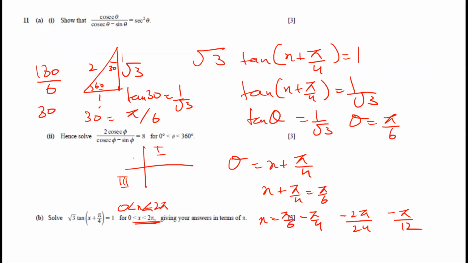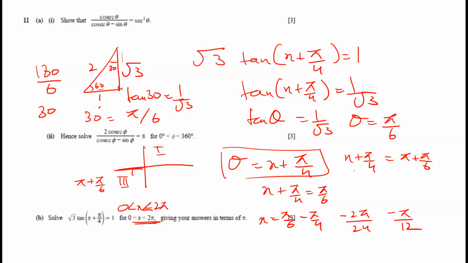Now for the third quadrant, this is 180 degrees, pi plus pi by 6. So x plus pi by 4 should be equal to pi plus pi by 6. So 180 degrees plus 30 degrees would be pi plus pi by 6. So theta should be equal to pi plus pi by 6, and we know that theta equals x plus pi by 4.